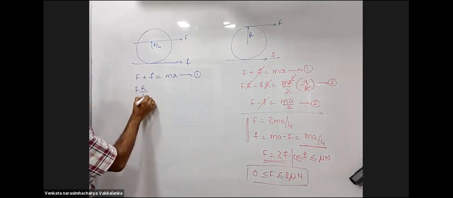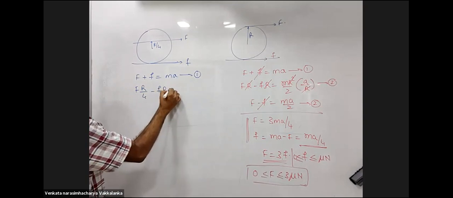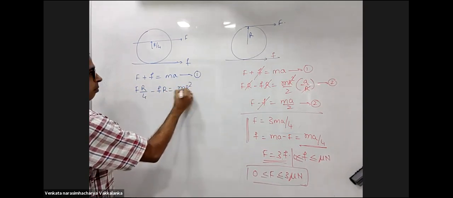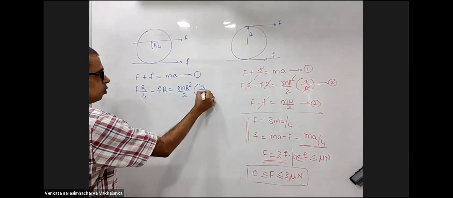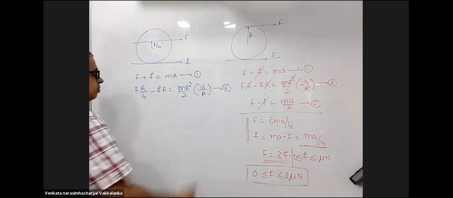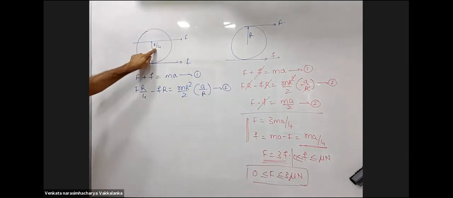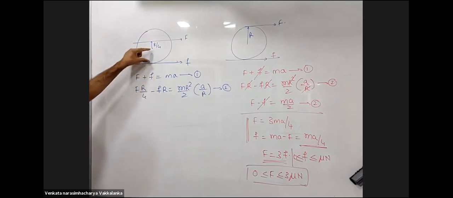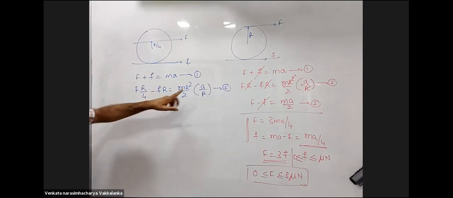F into R by 4 minus f into R is MR square by 2 into alpha, where alpha is A by R. F into R by 4 minus f into R is I into alpha.